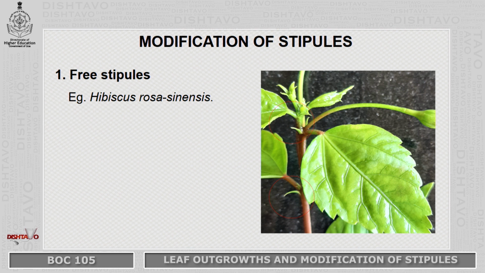So, stipules, as you know, are associated along with the leaves, and the first type of stipules that you see here is the free stipules, as in the case of Hibiscus rosa sinensis. As the name suggests, they are free in nature, but they are protective to the young leaves. So, you see this commonly in hibiscus plants.